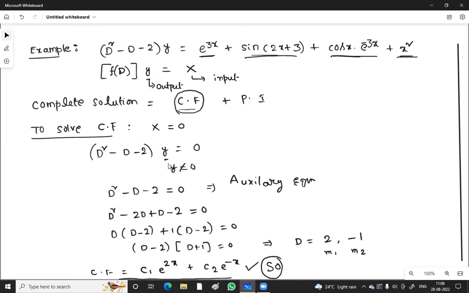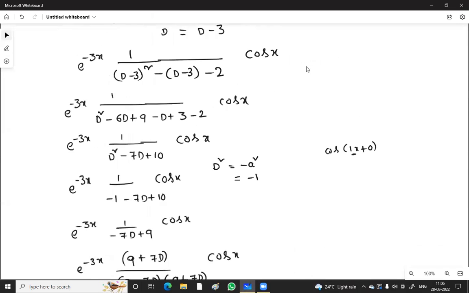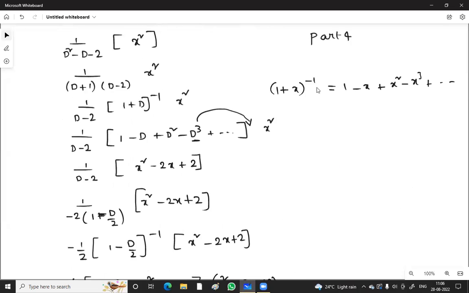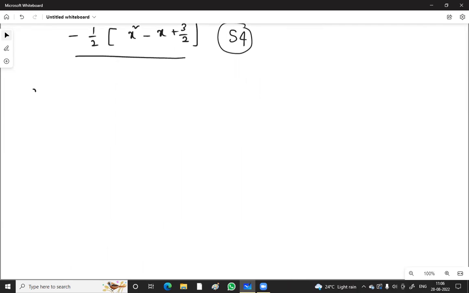As your given differential equation system is linear, the total solution is, finally, the complementary function, nothing but S0, plus whatever solutions you got for case 1, input 1, S1, S2, S3, S4.